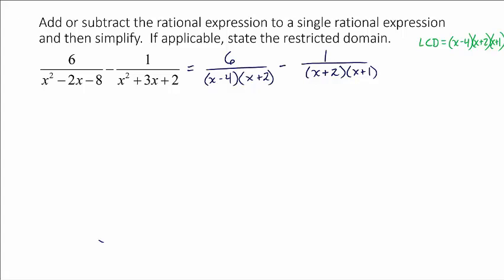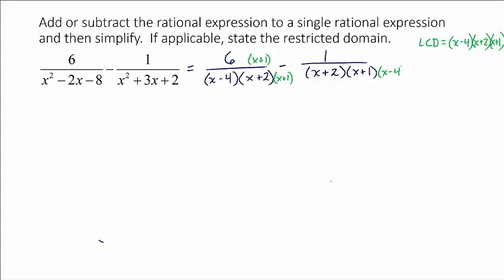All right, so in the first fraction, I have x minus 4 and x plus 2, but I'm lacking the x plus 1, right? So I want to multiply numerator and denominator of that first fraction by x plus 1. In the second fraction, I have x plus 2 times x plus 1, and what am I missing? The x minus 4, right?